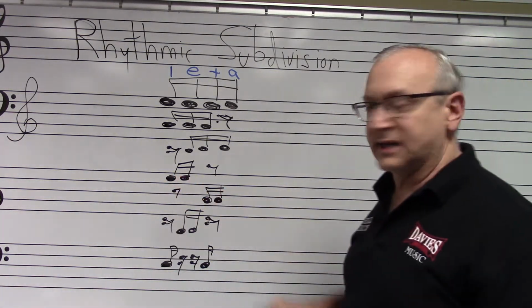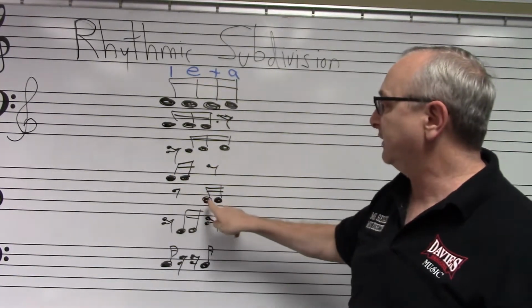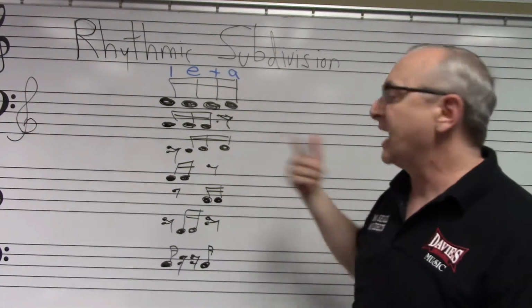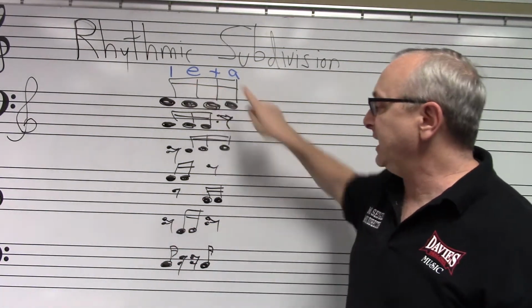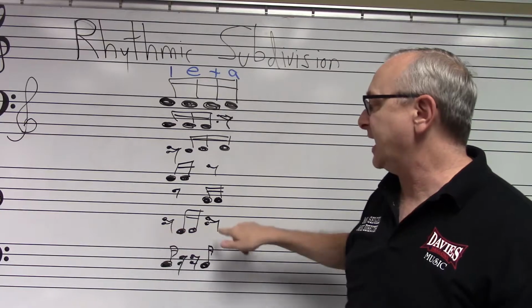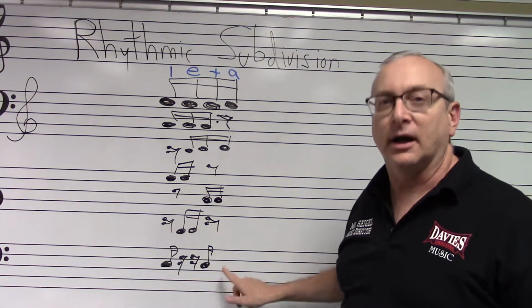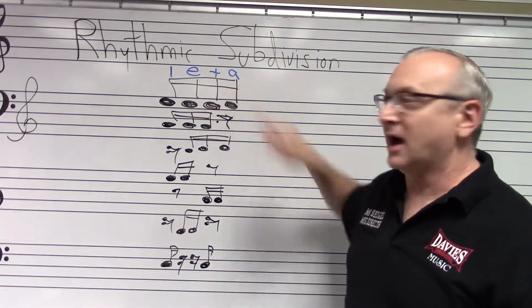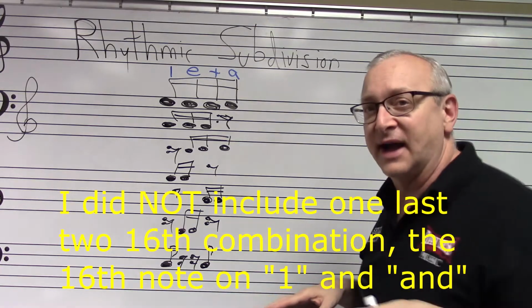So when we start to get to these two, 1 E, these would be and-a, and-a, and-a. This would be E and, E and, E and, E and. And these would be A and 1 E and A.